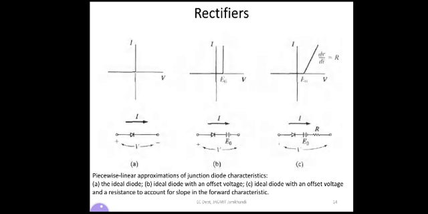So it offers a very high resistance whenever it is reverse biased. An ideal diode, or perfect diode, would have zero forward resistance and zero forward voltage drop. It would also have a very high reverse resistance, which would result in zero reverse current.